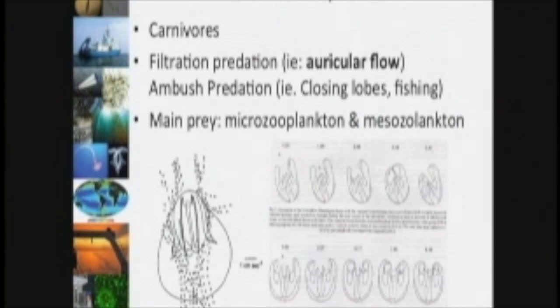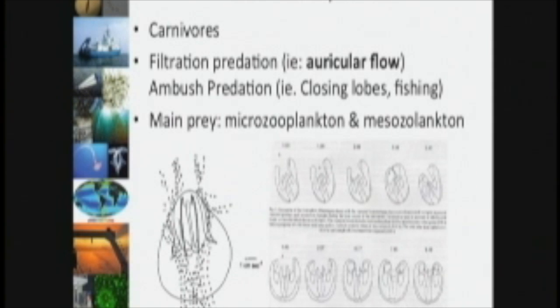But since they have lobes, they could function as a pair of hands, so they could grab bigger food, like copepods. So they actually eat both ways. They could eat copepods and they could eat ciliates and dinoflagellates.